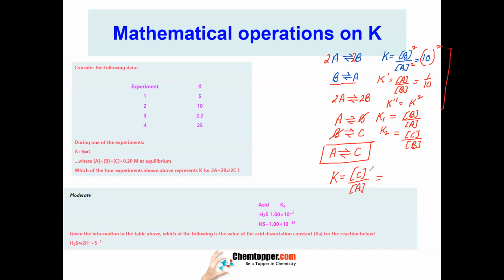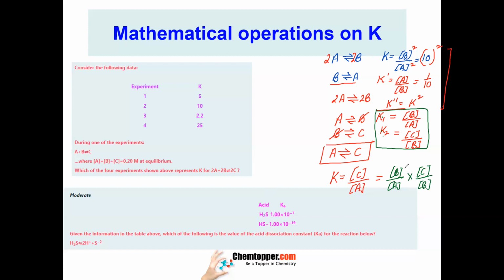Can I get this expression by multiplying these two? When you multiply, B and B cancel. See, I'm multiplying concentration of B over concentration of A, this is K1, times concentration of C over concentration of B, this is K2.